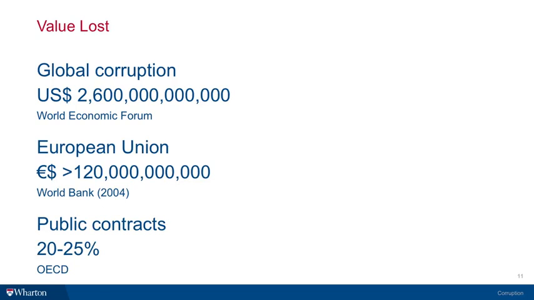Now, the European Union, because they had a much smaller group to work with, did a much finer study, and their study found that corruption within the European Union cost the people of the European Union about $120 billion every year. That again represents a fairly large percentage of the entire value of the European Union.